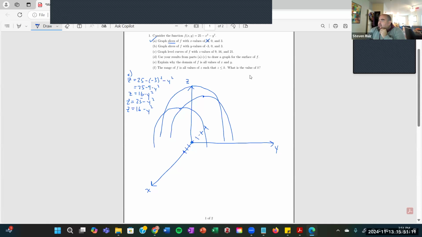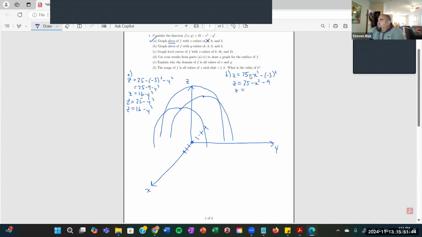Now I'm going to graph slices with y values held constant. So I'll do my scratch work up here. So z equals 25 minus x squared minus, and we're going to set y equal to -3 squared. So z equals 25 minus x squared minus 9.